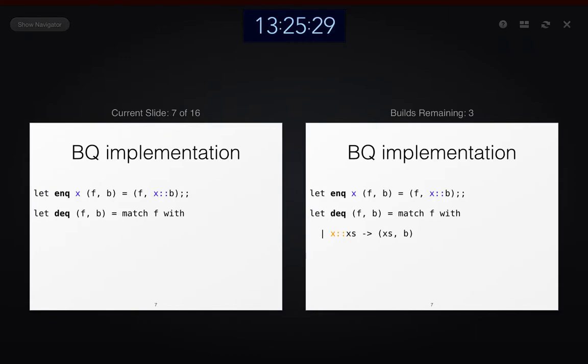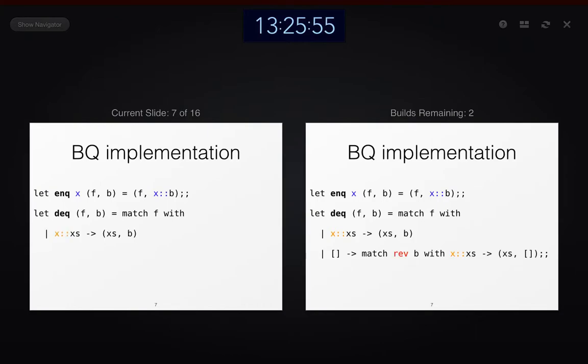Now, dequeuing from the queue represented by the front and the back list, we want to dequeue from the front, but we can only do that if it is not empty. So what we need to do is to test if it's empty or not empty. And depending on that, we can do two different things.